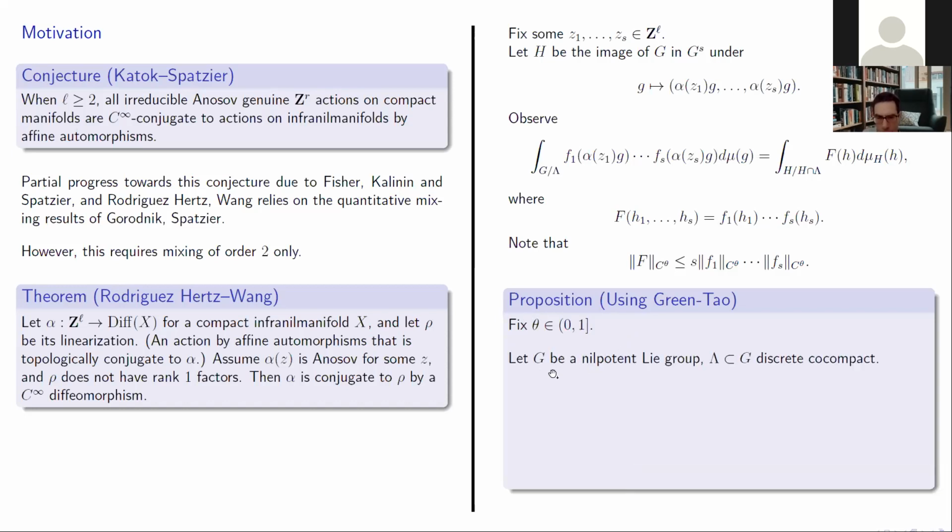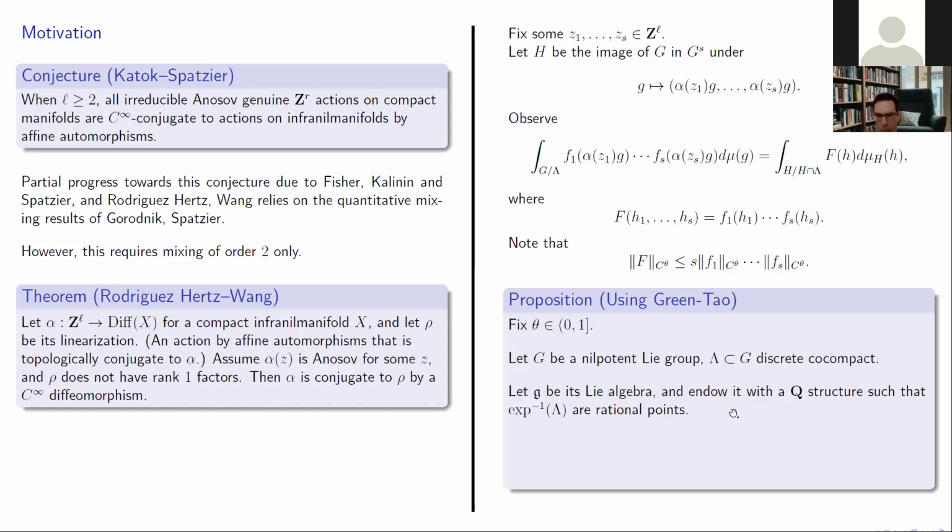So then I need my nilpotent Lie group and my discrete co-compact subgroup, and I will denote by G its Lie algebra, and I endow it with a rational structure such that the inverse image under the exponential map of my discrete co-compact group will be rational points.